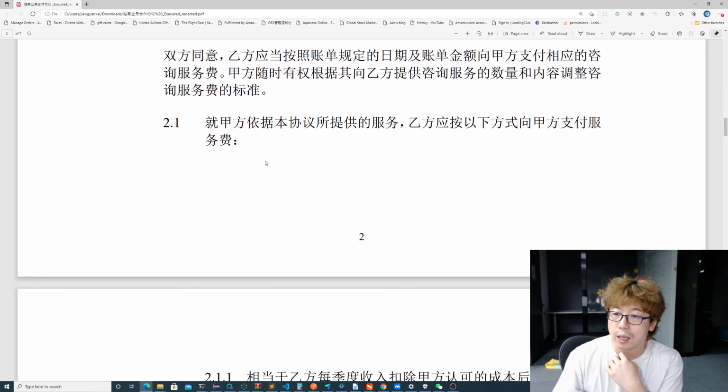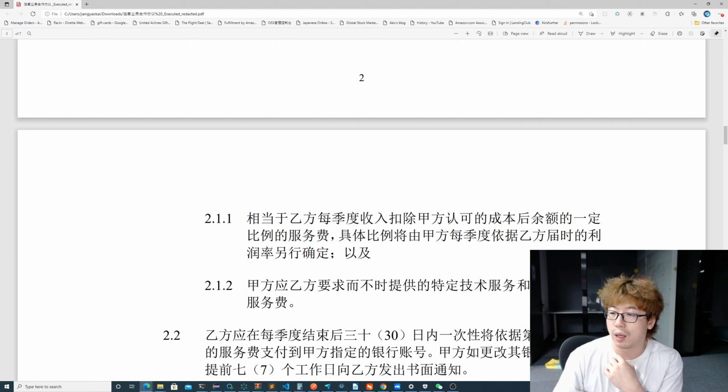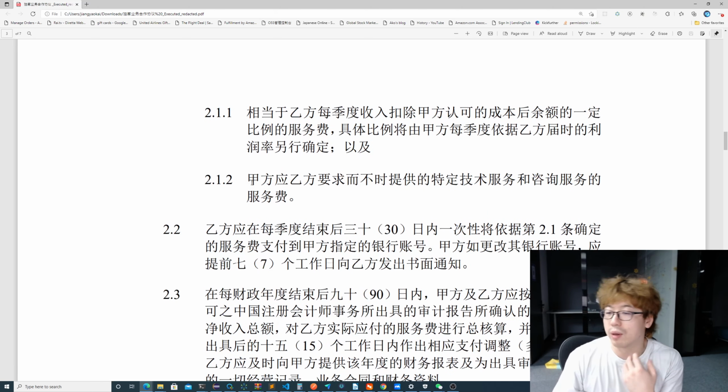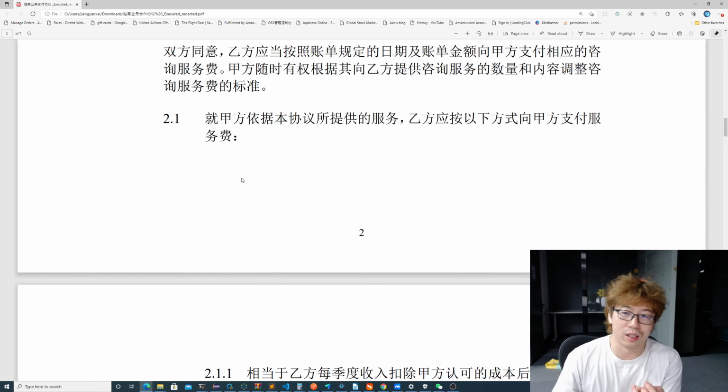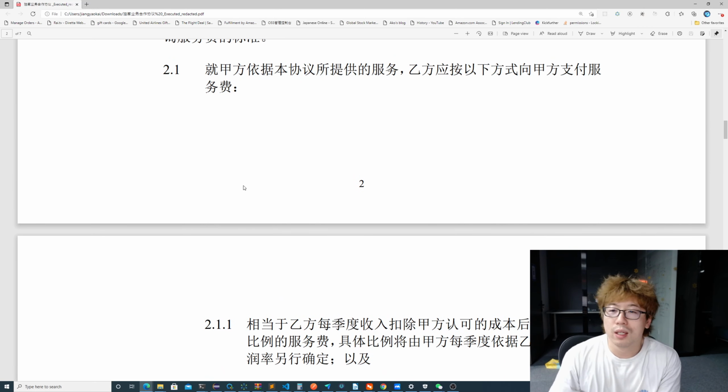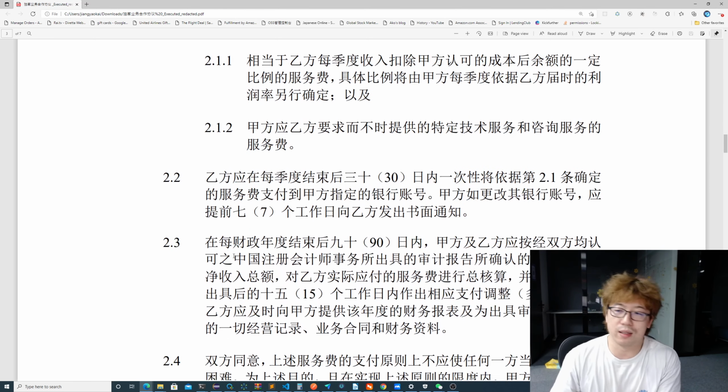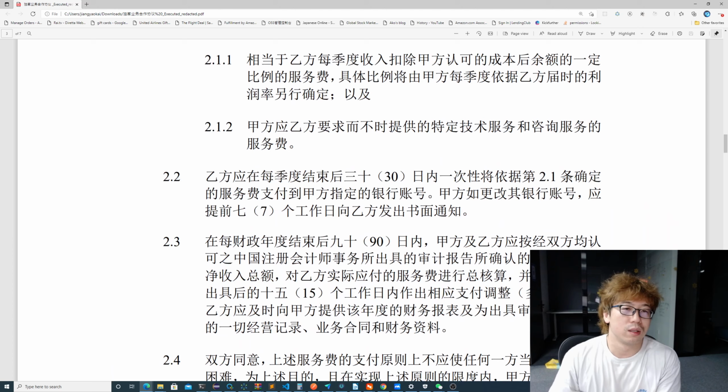And Party B shall give service fees to Party A, where essentially the pricing is decided by Party A. So Party A can charge Party B whatever it demands, and Party B shall comply, essentially.